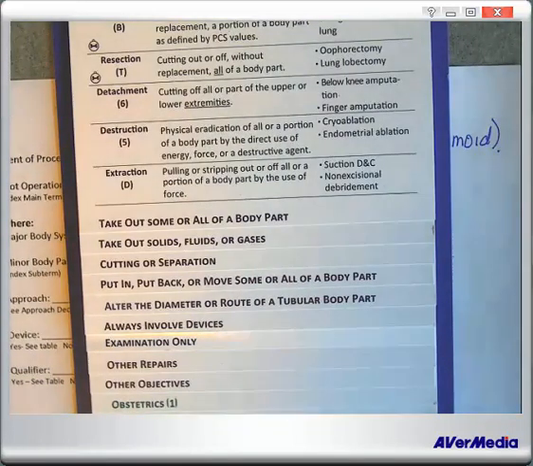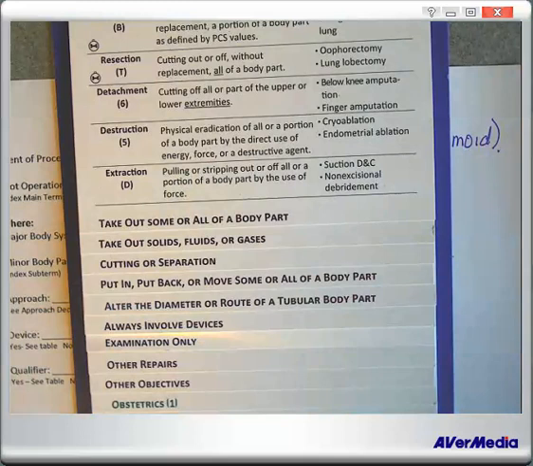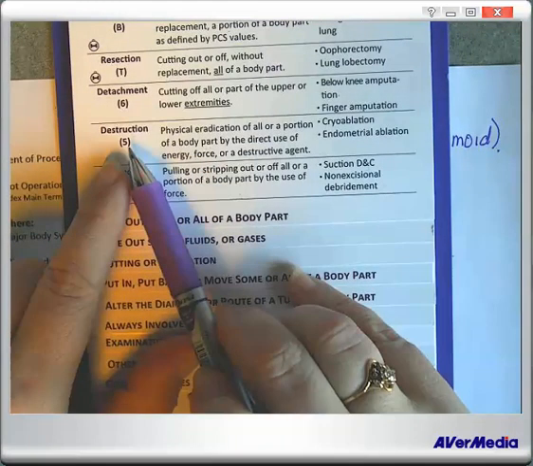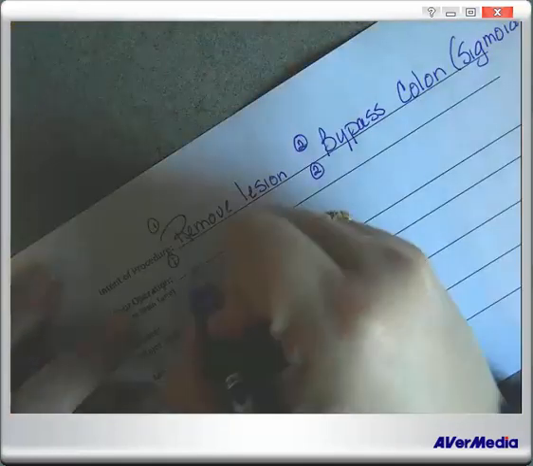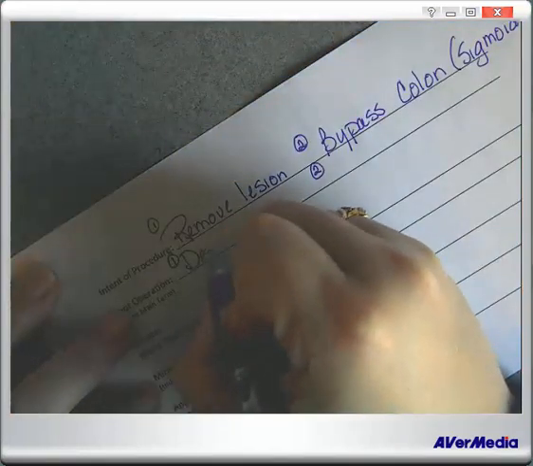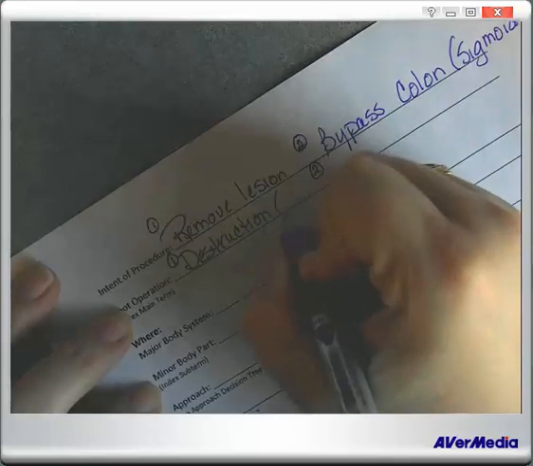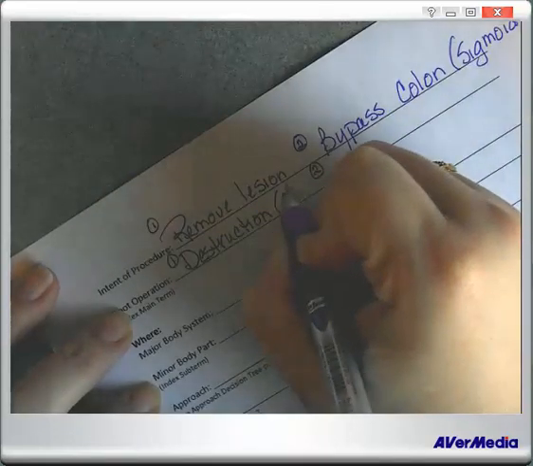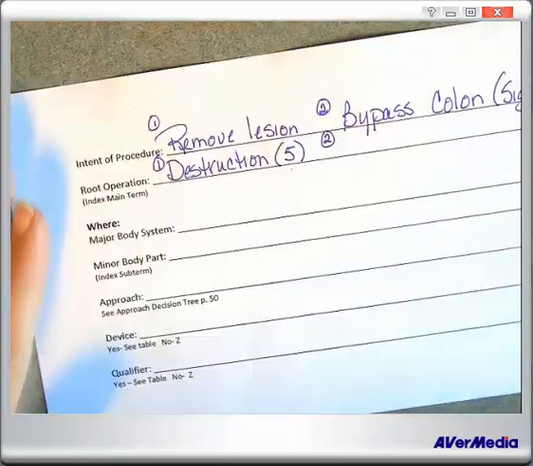They might use some type of cautery, but they're going to destroy that piece with the use of some type of energy or force or a destructive agent. Therefore, number 5, destruction, is what your root operation is. So let's go ahead and write that in here. Destruction. And I'm going to put down here that I know this is 5 because that tells us that our third character is going to be 5.